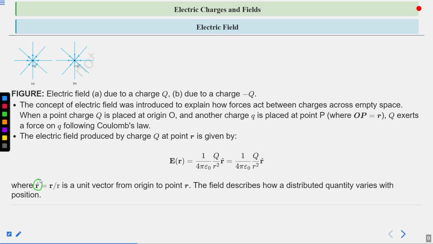If we represent it in simple form, it is the vector r divided by the magnitude of r, the unit vector from origin to point r. The field describes how a distributed quantity varies with position.